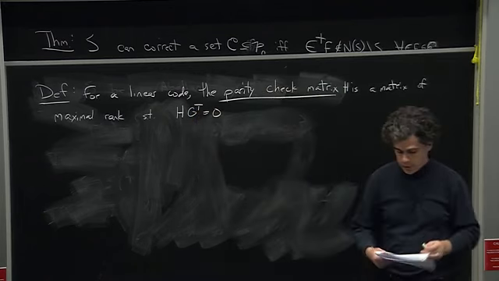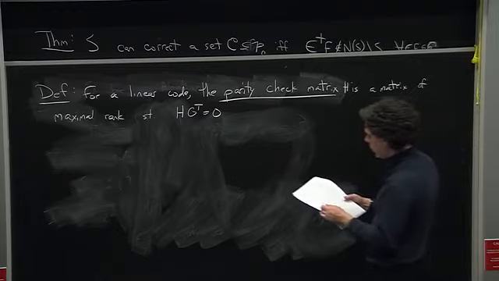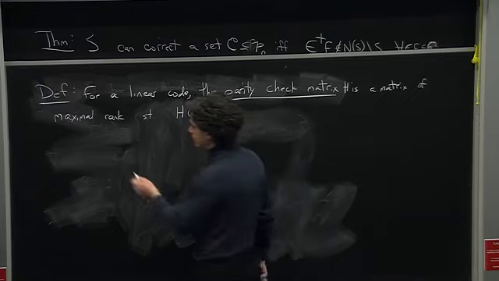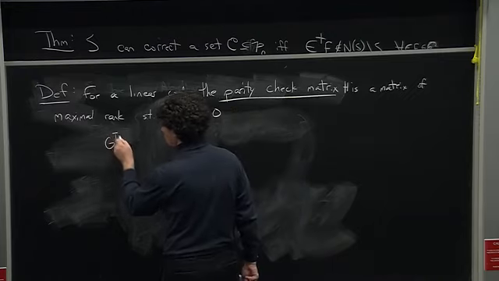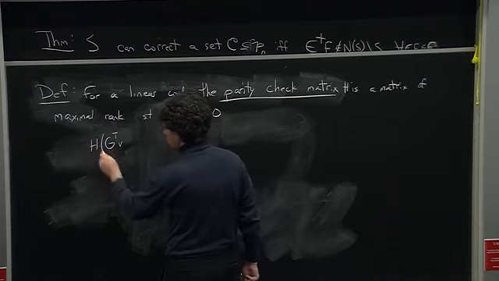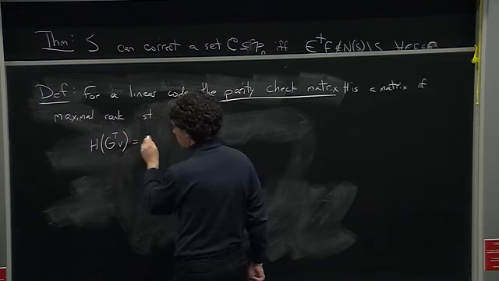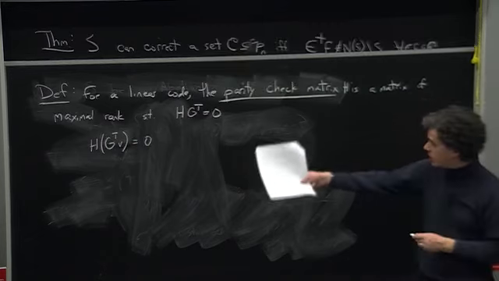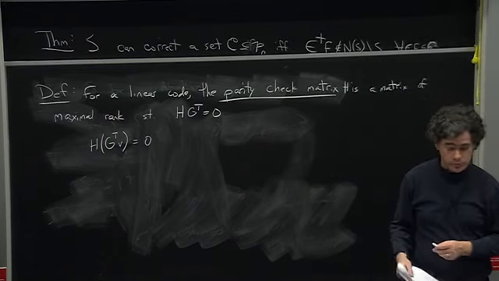The upshot of this is that suppose you have some arbitrary code word, G transpose v, and then you apply H to it. Well, you get 0, because H G transpose is already 0.